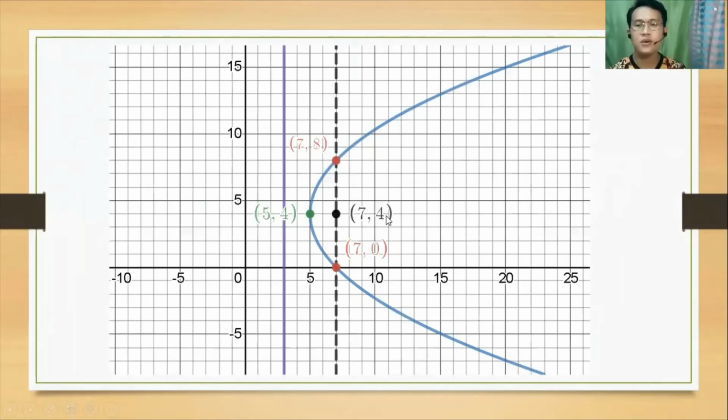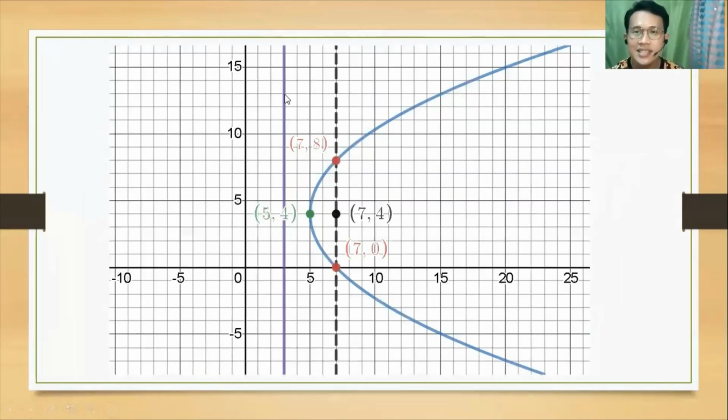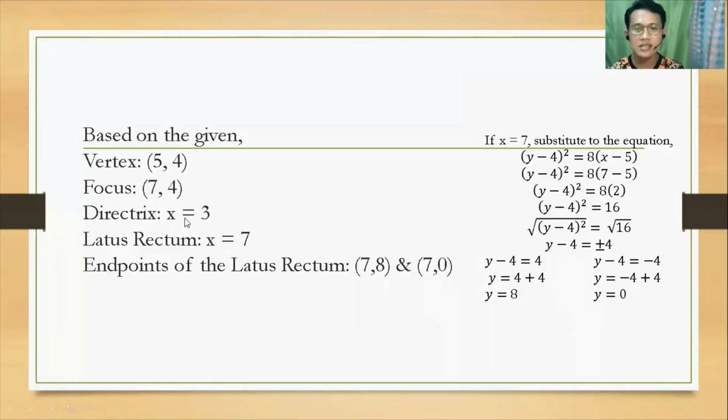And this is how you are going to see the graph. Basically, let's check (7, 4), that's for the focus, (5, 4), that's for the vertex, and (7, 8) and (7, 0), that's for the two endpoints. Yeah, that's correct. The violet line here is x = 3.